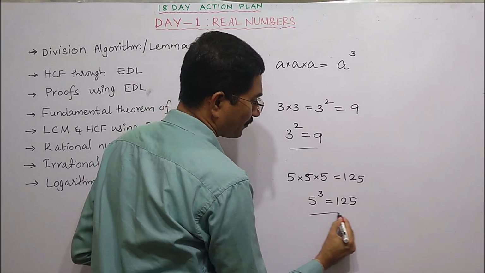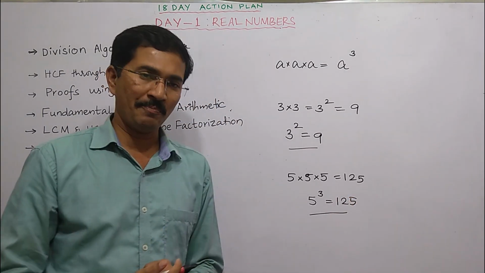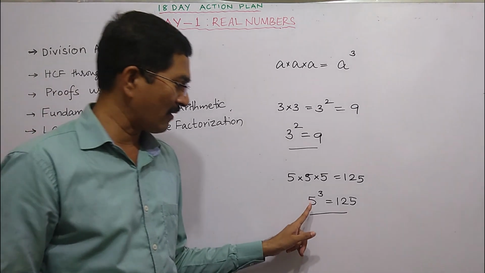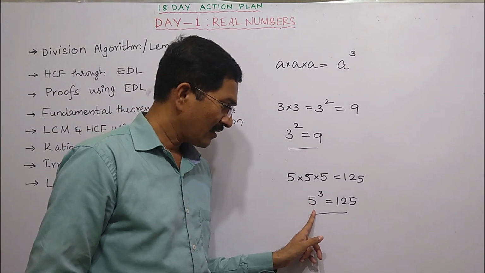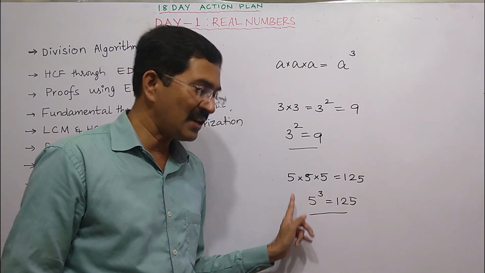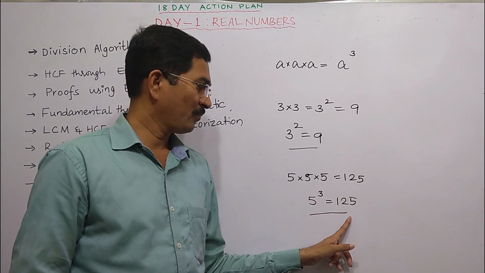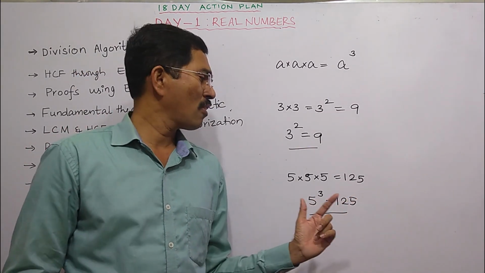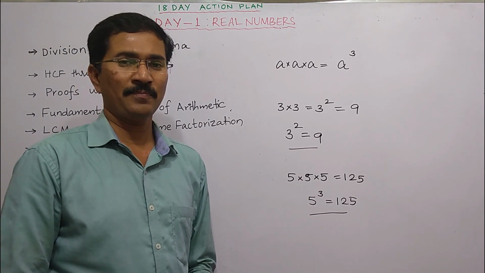This is called exponential form. In this we have a base, a power, the exponent, hence the name exponential, and this is the value. So this is one method of expressing repeated product.